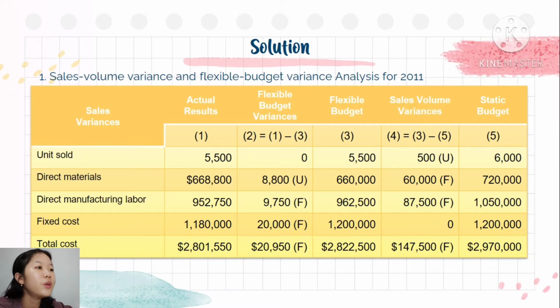First of all, we calculate the flexible budget for the first level of analysis. It can be known by the actual result minus the static budget.